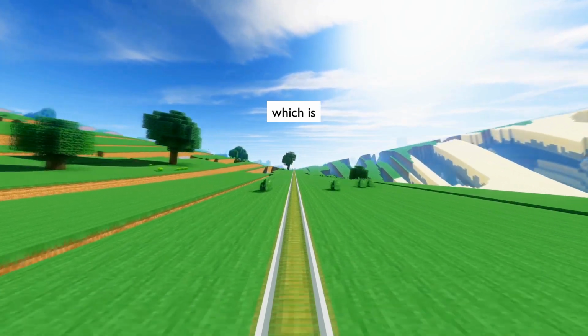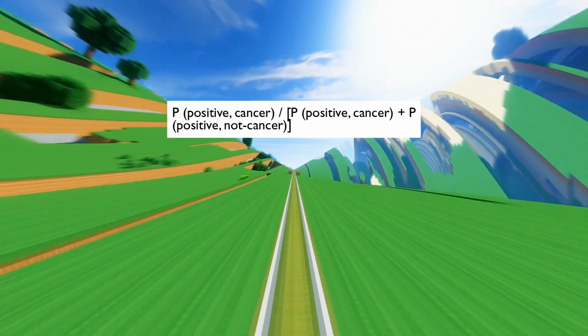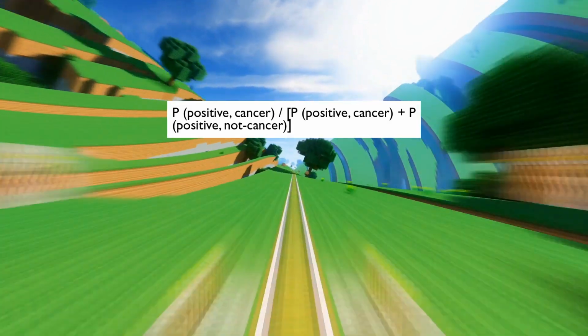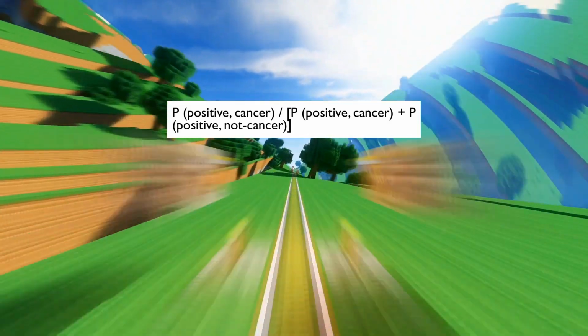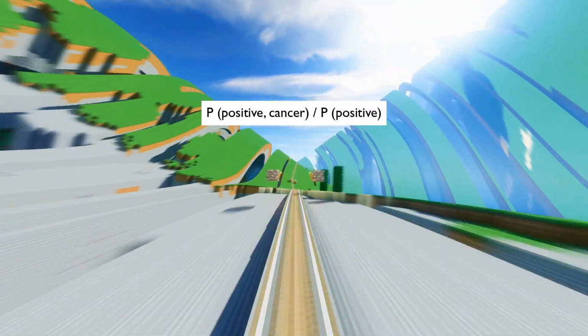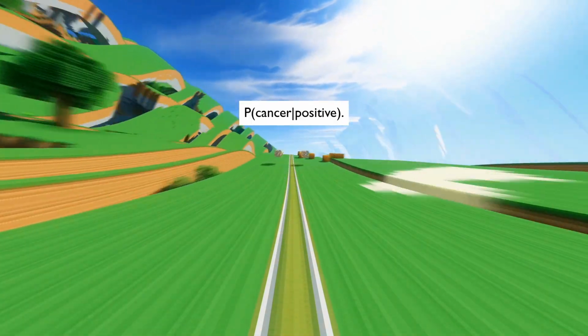Which is P(positive, cancer) over P(positive). Which is P(cancer|positive).